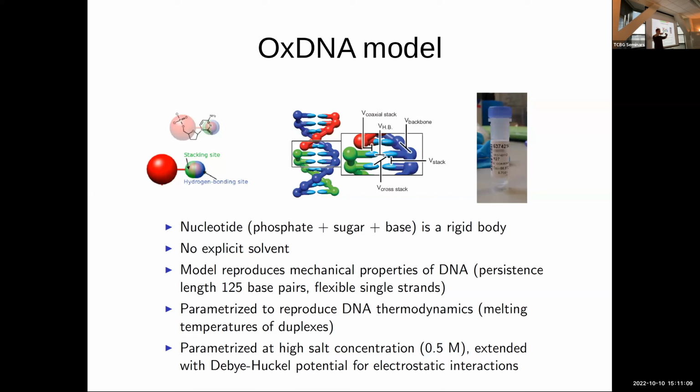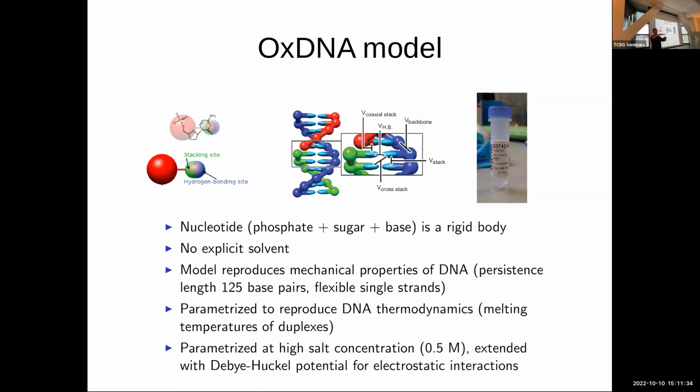There are additional terms which depend on the angle, and they are at their minimum of the energy potential if they are exactly coplanarly facing each other at the right distance. We also want the neighboring bases on the same strand to interact with a stacking interaction, which wants them to stack, again, coplanarly, perfectly aligned on top of each other at a certain equilibrium distance.